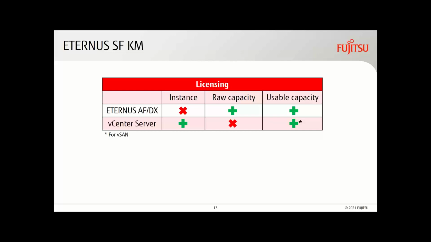On the other hand, the usable capacity option is available for ETERNUS systems and also vSAN datastores. And here we take into account the whole usable capacity of the RAID group, volumes, or the vSAN datastore in a VMware environment. So the capacity licensing and the instance licensing are quite easy to understand, and there's really nothing big to explain.